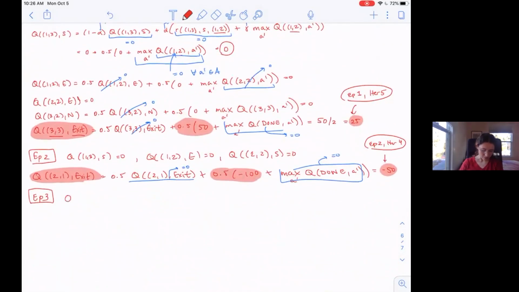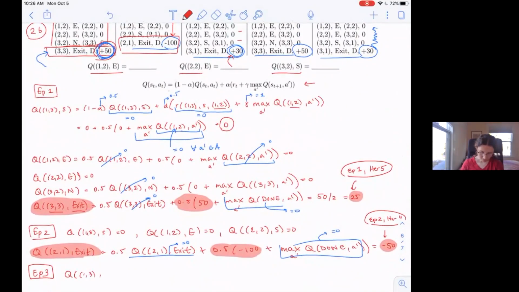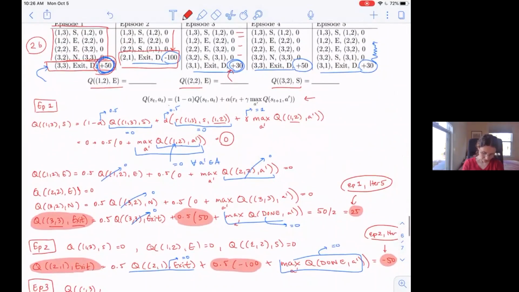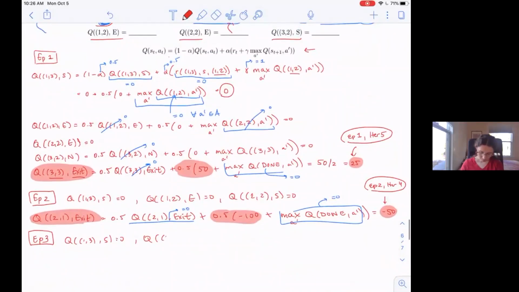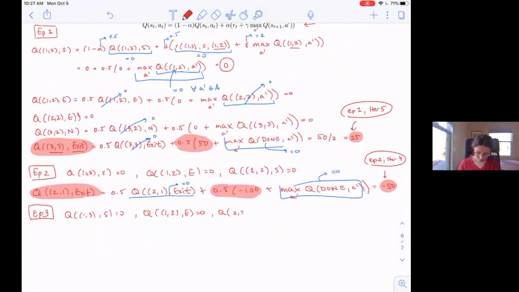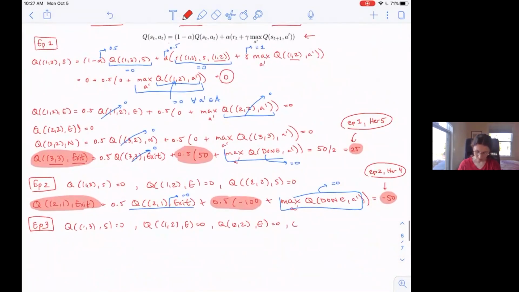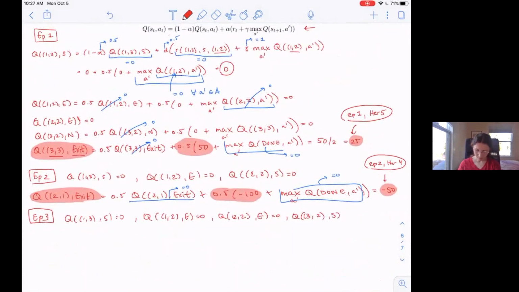So I'm just going to write Q of 1,3 south equals 0, Q of 1,2 east equals 0, Q of 2,2 east equals 0, and Q of 3,2 south equals 0.